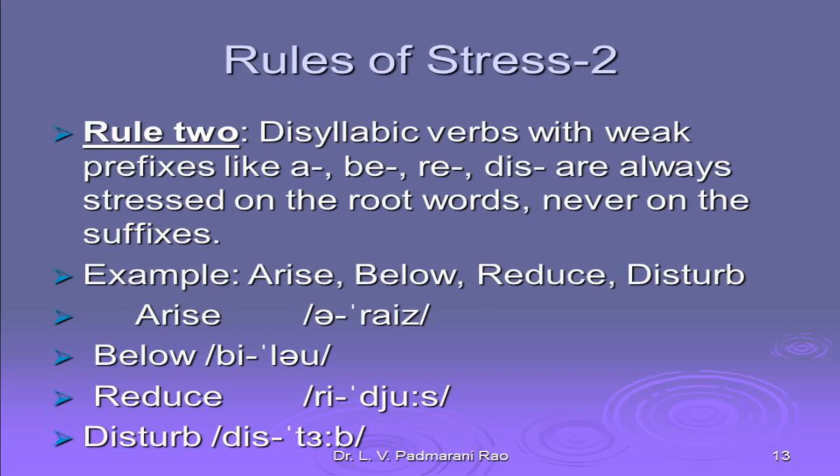So, it is not arise, it is arise. And whenever you are not giving importance to the first syllable it will have a weak vowel sound. So, the weak vowel of all is, as we know, the central weak vowel. So, arise, along, among, about. That is the right pronunciation.